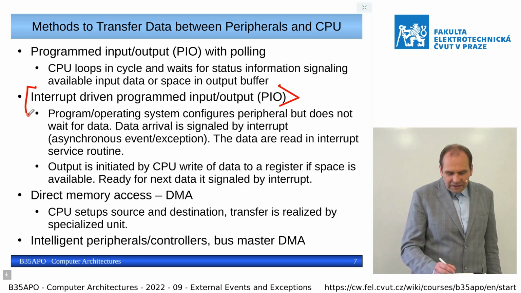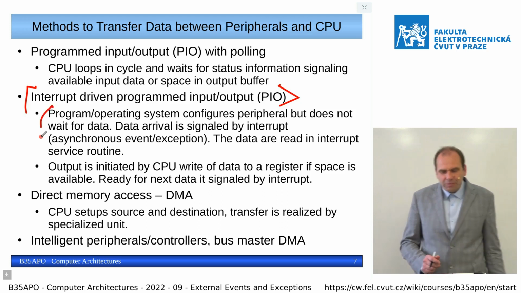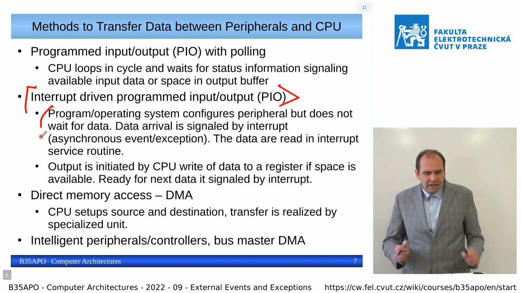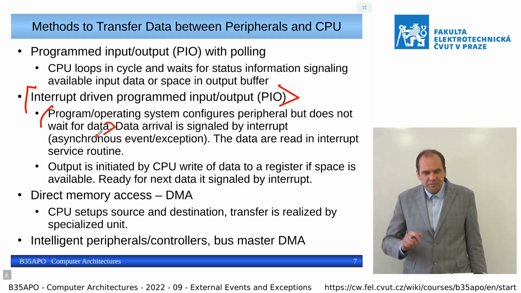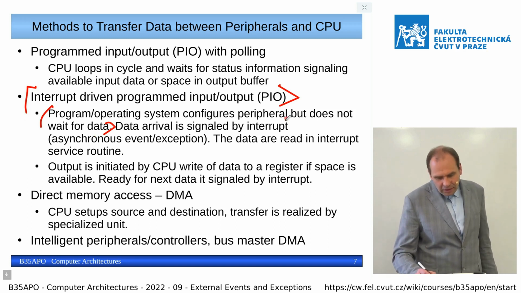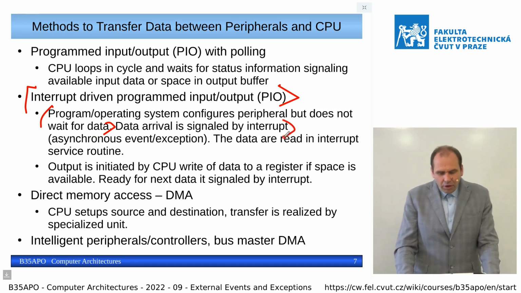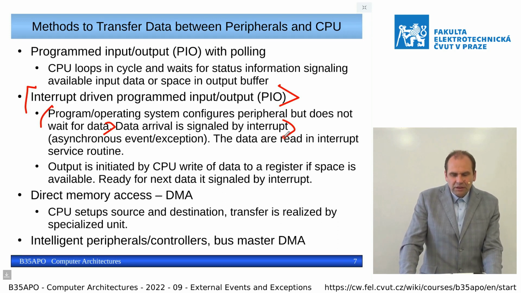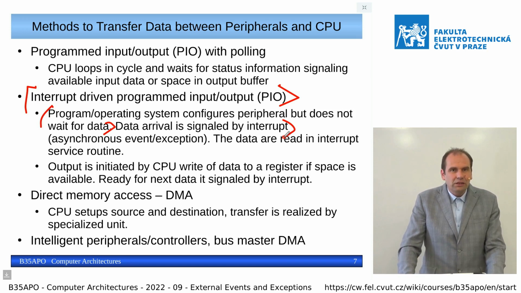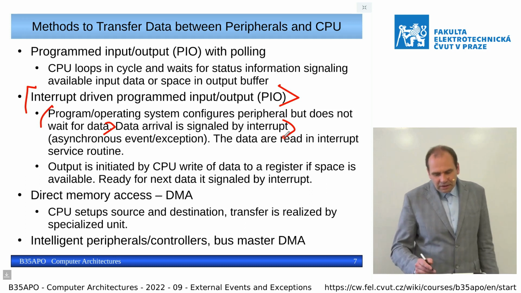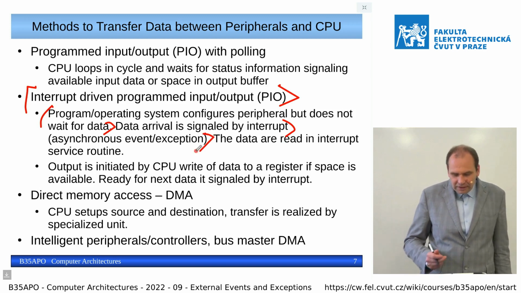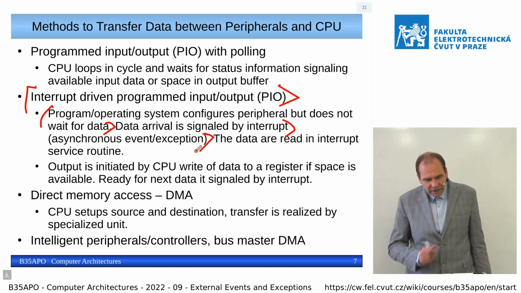Basically, the program or operating system configures the peripherals, but doesn't wait for the actual data, and sets up the mechanism which delivers the interrupt or exception to the CPU. So you process some other task, you can do computation, draw graphics and so on, and when the data arrives, for example over the serial port, then the exception comes and you can read the actual data.